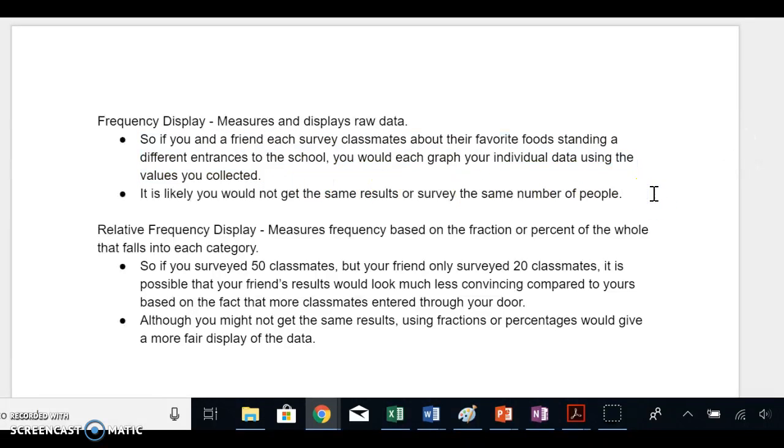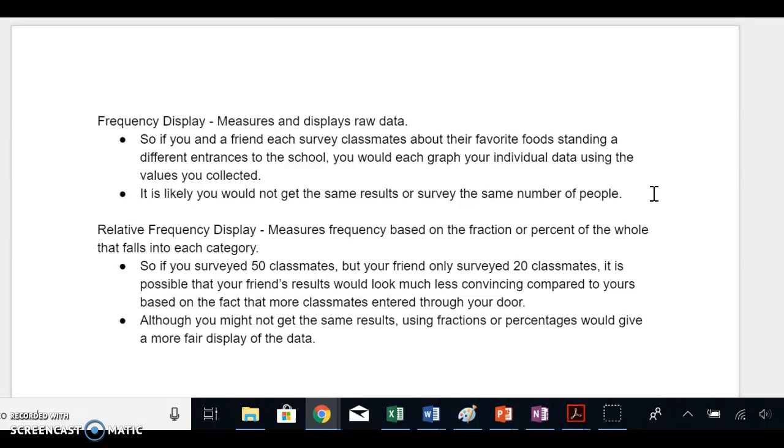If one of you is standing outside the bus door where the students who come off the bus enter, there are a lot more students who ride the bus to school than students who come by car. And if that's where you're standing, you won't collect as much data. Not bad, it's just because of your particular location. But in an effort to be fair to all students, you choose to stand in those two different locations.